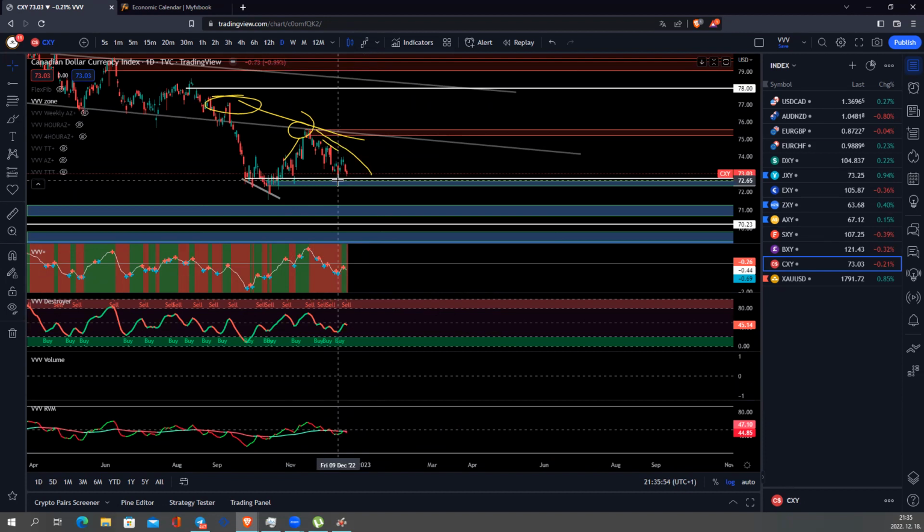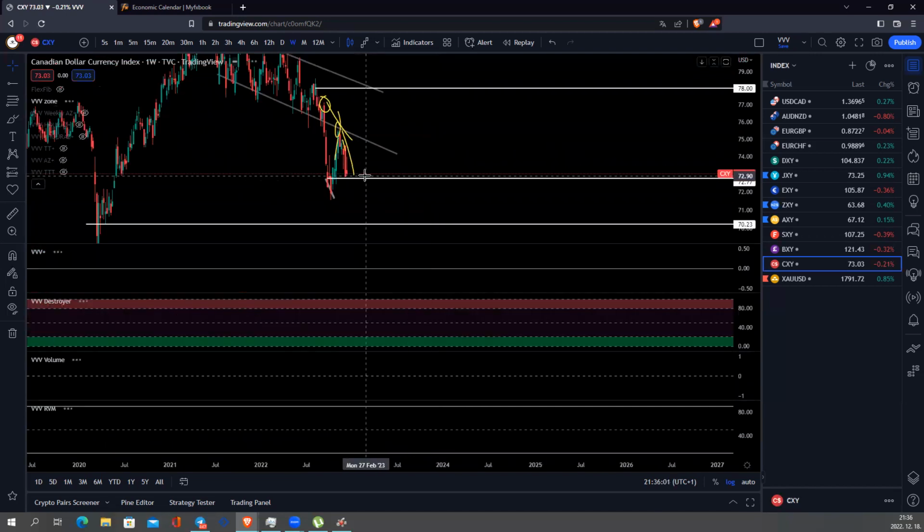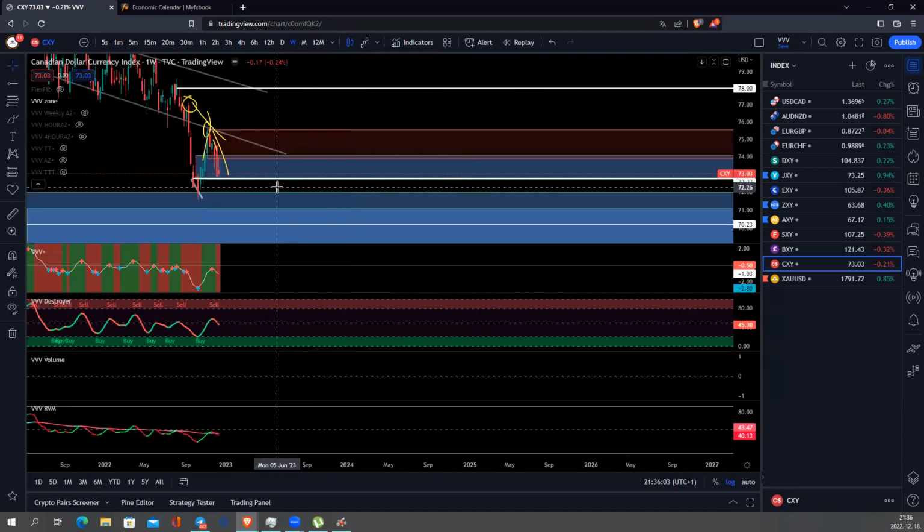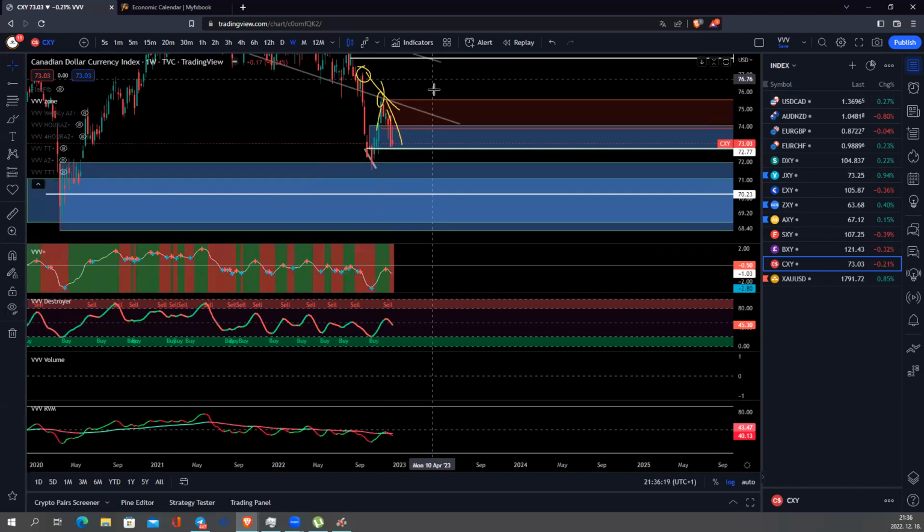You saw it last week, but there is still a bearish momentum on the Canadian dollar, as you saw on the USD CAD, which is heading up, and you saw my target area.